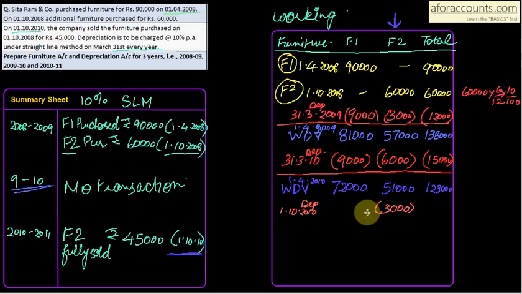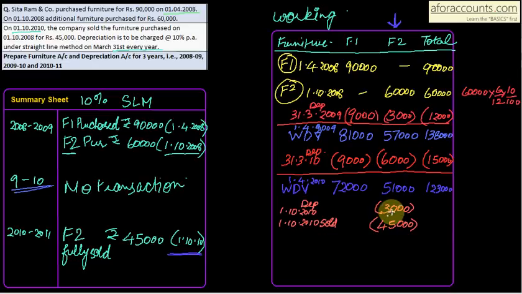Okay, and how much is it sold for? The furniture is sold for 45,000. So again write 1/10/2010, furniture is sold for 45,000. You have to immediately calculate the profit or loss on sale of furniture. 45 plus 3, 48,000.